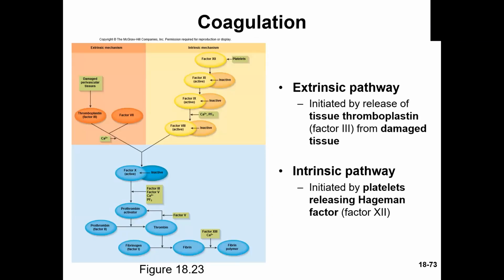Within the extrinsic pathway, there will be a release of what's called thromboplastin by the tissue, or factor 3. In the intrinsic pathway, we're going to have the release of something called Hageman factor, or factor 12, done via platelets.